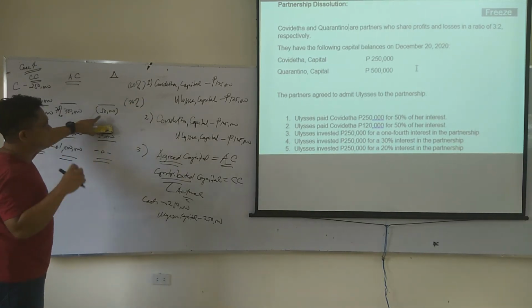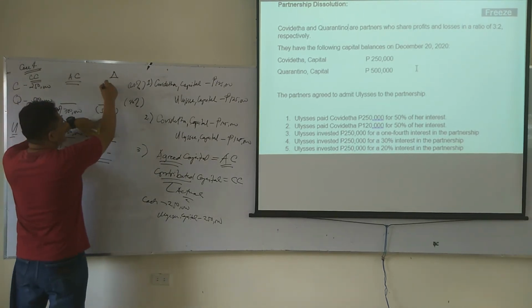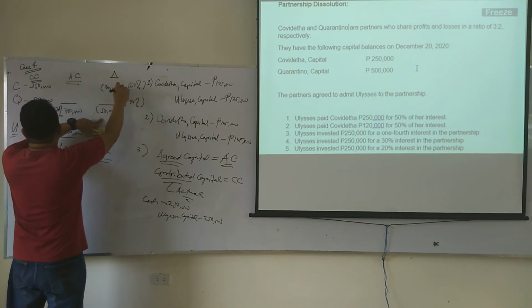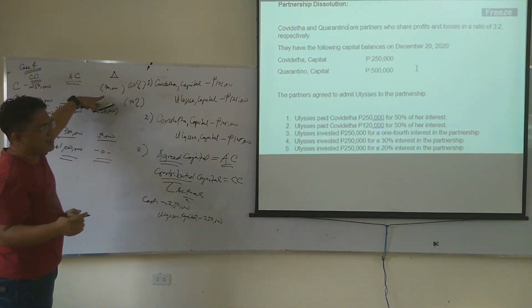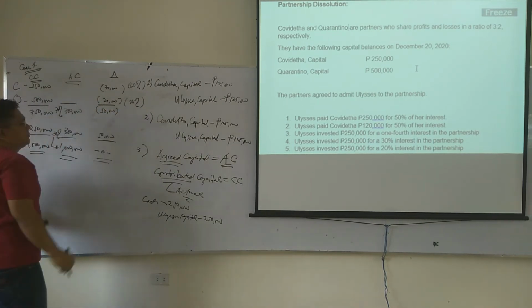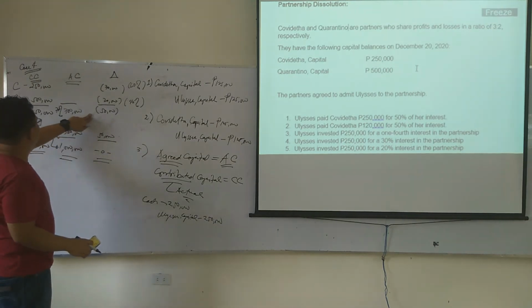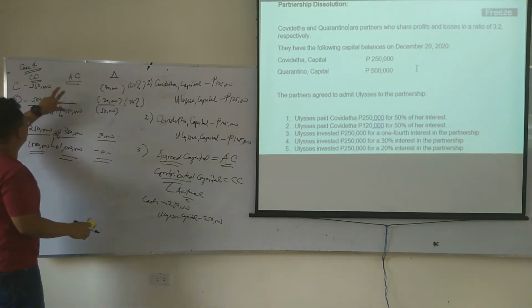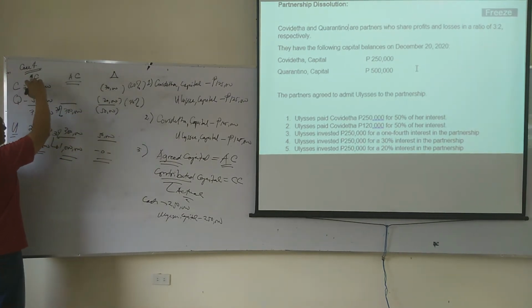Okay. So 60% of 50 is 30,000. So Covidita will be deducted 30,000 and Quarantino will be deducted 20,000. So this 50,000 bonus to Ulysses will be coming from the old partners, 60% of that from Covidita.